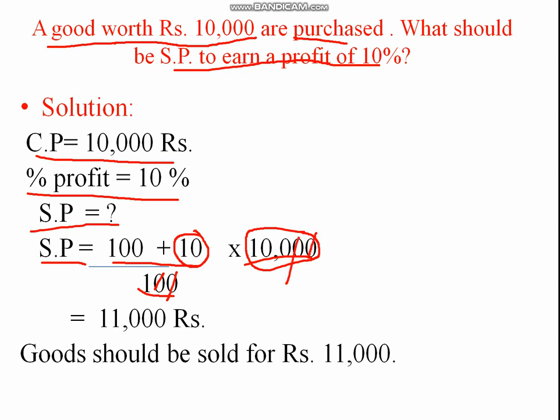So 110 into 100, we get the answer 11,000 rupees. So the selling price should be 11,000 rupees, and we get a profit of 10%. So the required answer is: the goods should be sold for rupees 11,000.